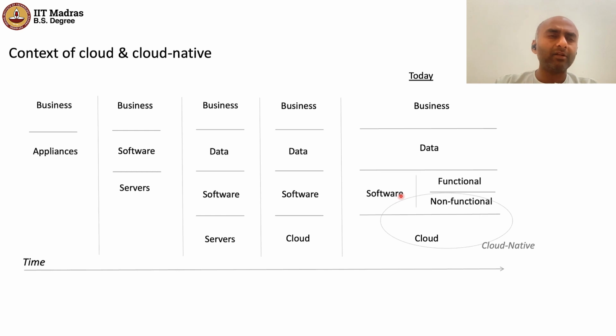But the moment you figured out that you could attract a lot of eyeballs, and 1,000 users became a million, became 10 million, then you cannot afford to go back and keep writing new software just because the scale has increased. That's where cloud native software became really powerful as an architectural pattern.